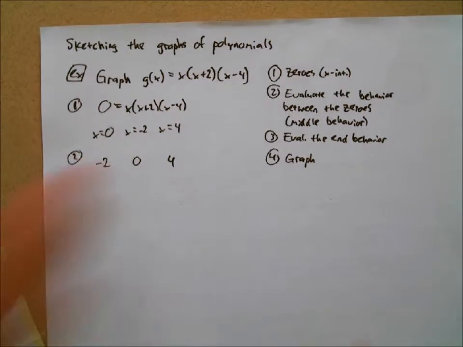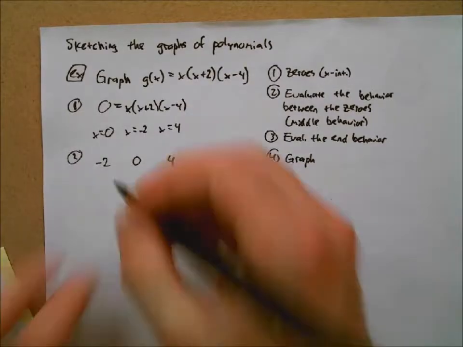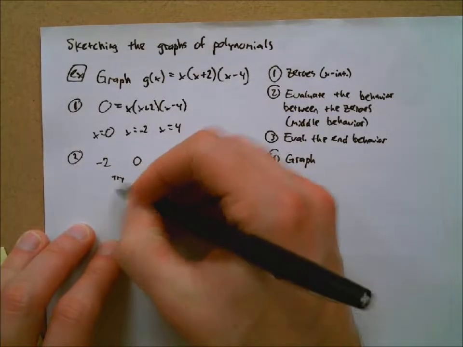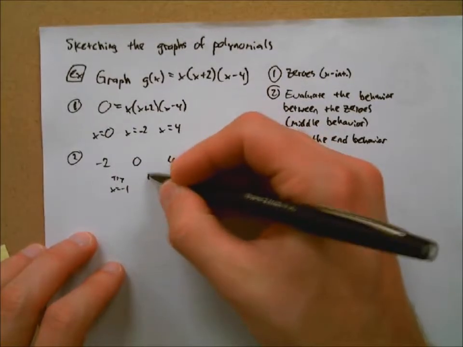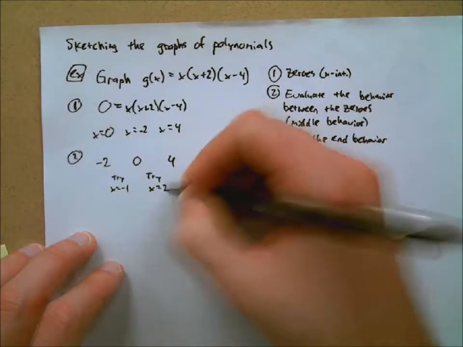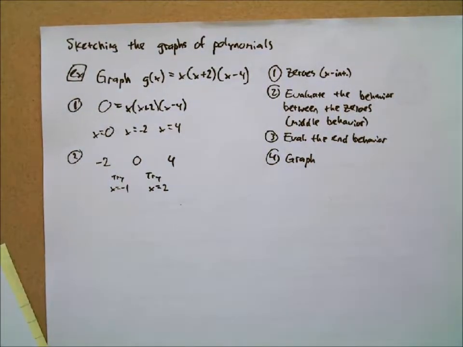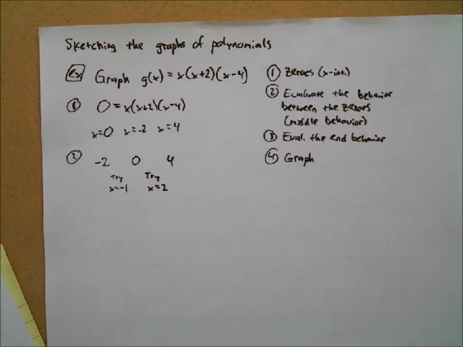What will be a good number to pick there? -1, sure. So we'll try x equals -1, and then what about between 0 and 4? What can we pick? 2. You can do 1 if you want to. You can do 3. I like to do the ones that are exactly in the middle. That's just how I roll. But if you want to do 1 or 3, that's your choice. I'm not going to fault you either way.